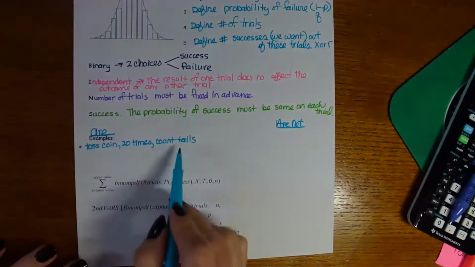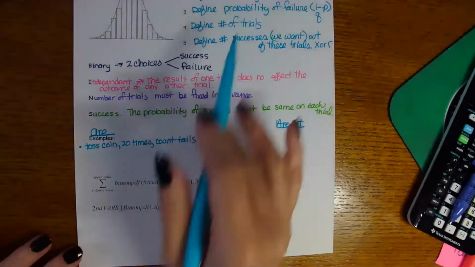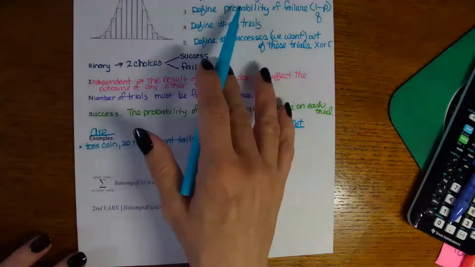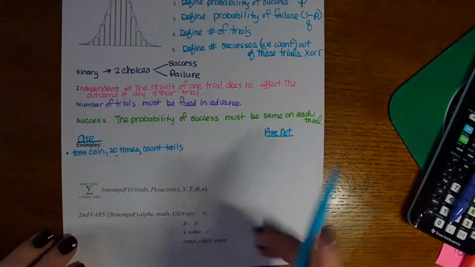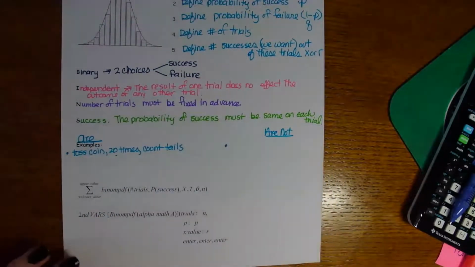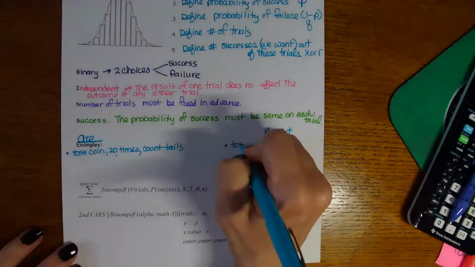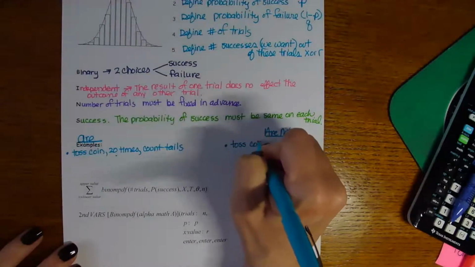So a success is tails. Probability would be 1/2. I know that. Probability of failure, number of trials, 20. They're independent. What would not be a binomial is if I tossed a coin until I got 20 tails. Do you see the difference?